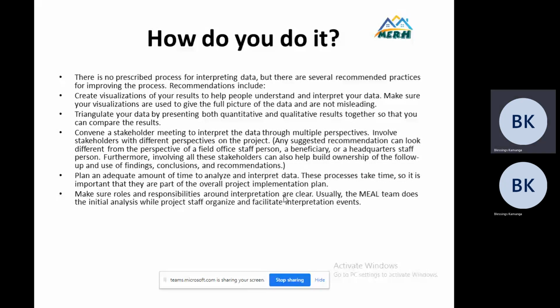You also need to plan an adequate amount of time to analyze and interpret the data. And make sure roles and responsibilities around interpretation are clear. Usually, the MEO team does the initial analysis while project staff organize and facilitate interpretation events.